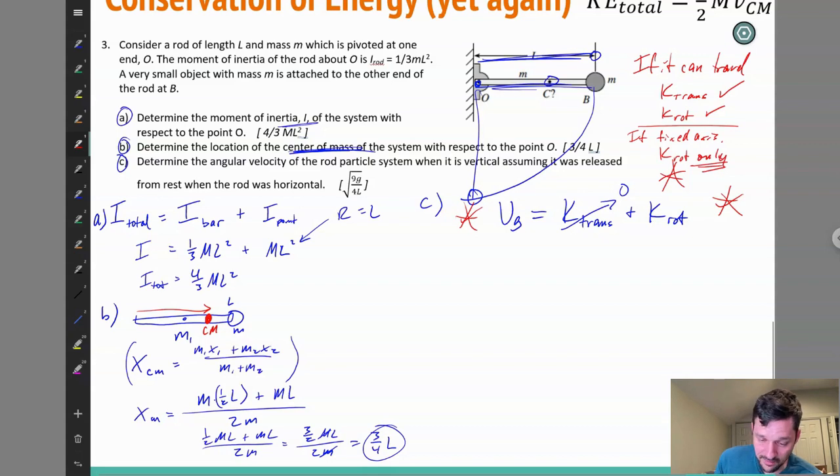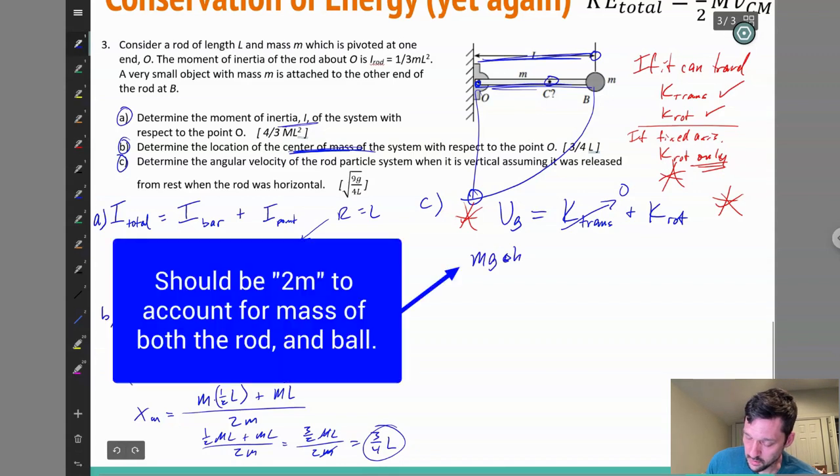So I think we have everything we need at this point, because we have an expression for gravitational potential energy. It's mg delta h. How far is it going to fall? Well, we found where its center of mass is, and that is how we judge how far it falls.